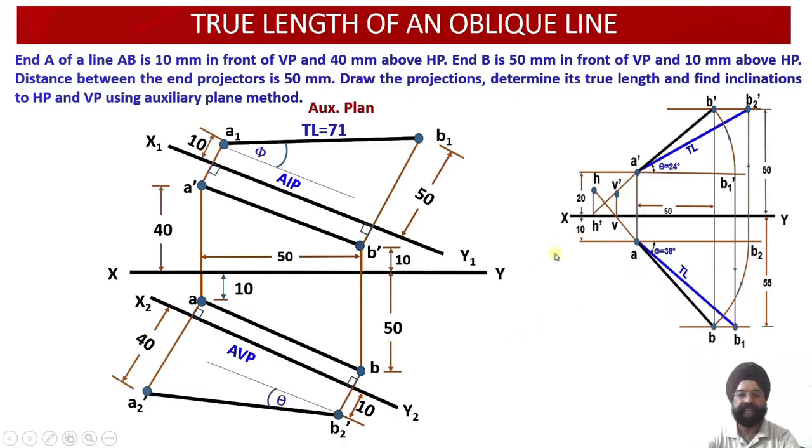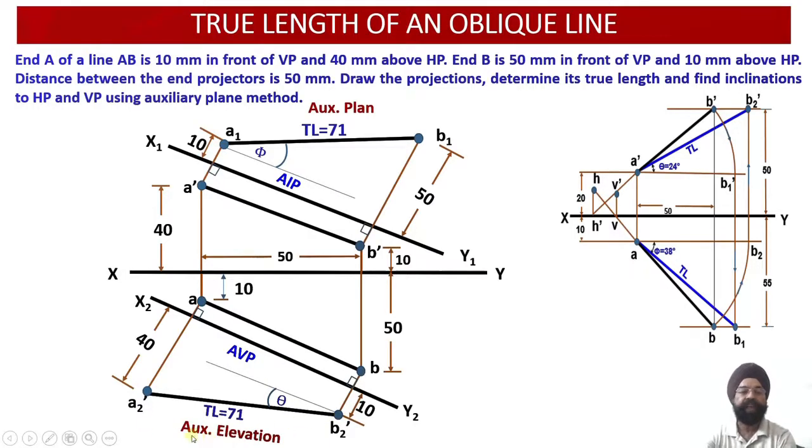So we can see that this is a shortcut method for evaluating the true length of an oblique line. And again, you can check, both the true lengths have been worked out to be equal, and the projection which is obtained on the auxiliary vertical plane will be called auxiliary elevation. Why auxiliary elevation? Because the distances of the front view have been used to obtain this particular true length.